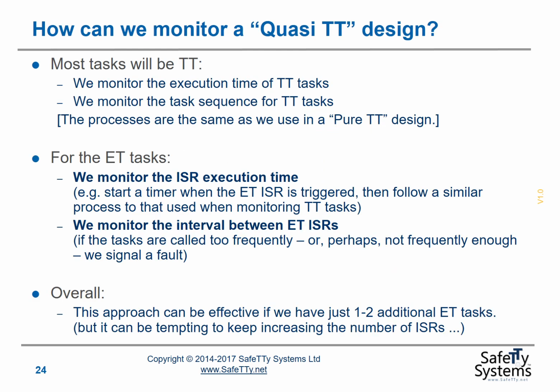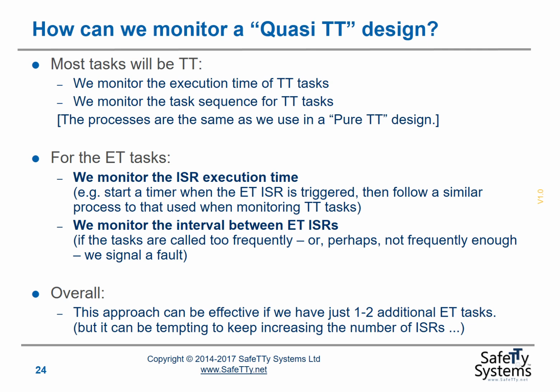So how would we monitor a quasi-TT design? We're assuming that most of the tasks will be TT, and we monitor the execution time of tasks, and we monitor the task sequence for TT tasks. These processes are the same as we use in a pure TT design. For the event-triggered tasks, the tasks that are asynchronous, not synchronized to the timer tick, we'd monitor the ISR execution time.